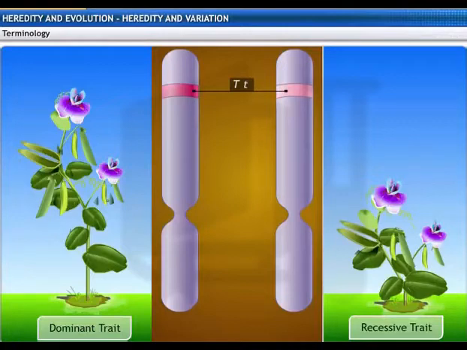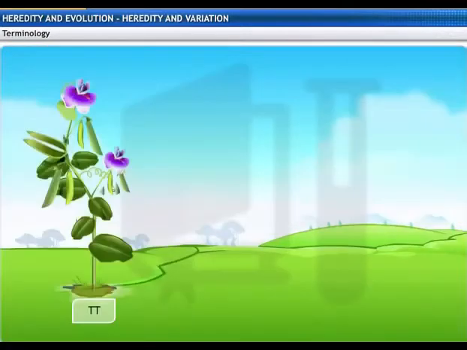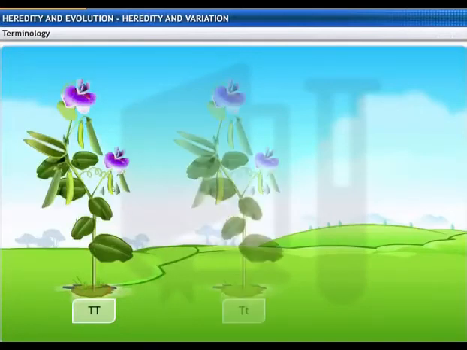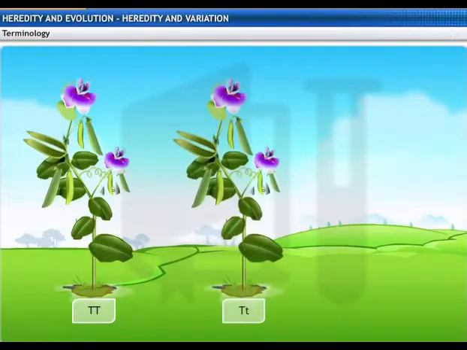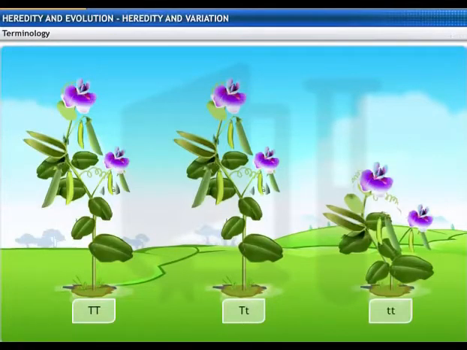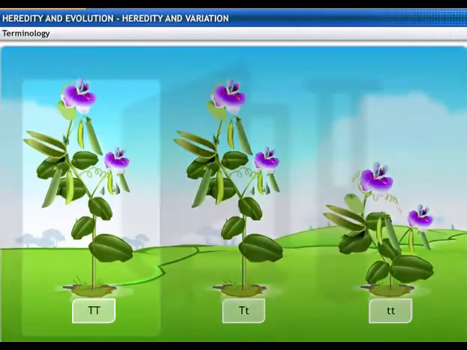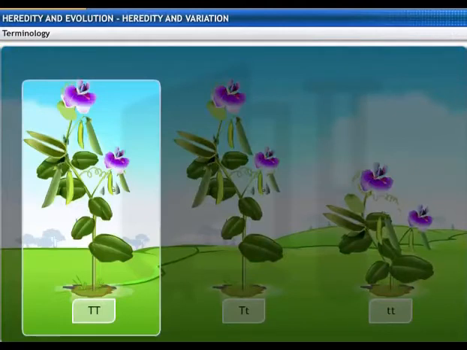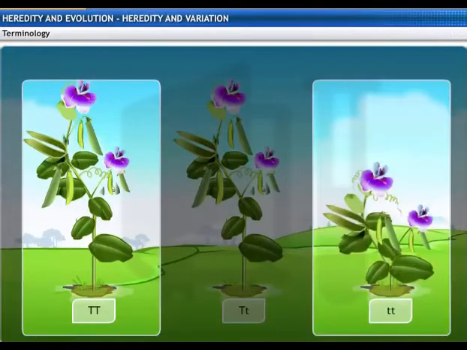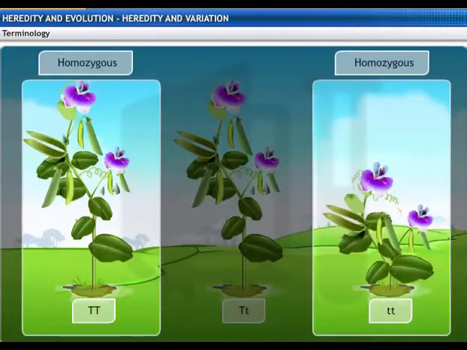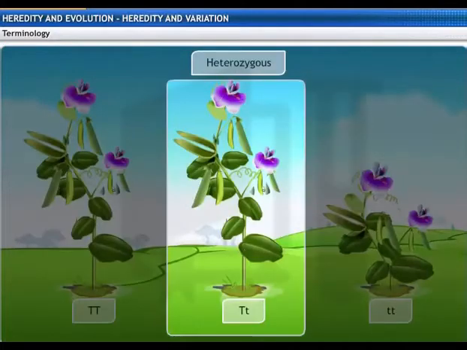These alleles combine to make a genotype such as TT, or Tt, or tt. TT and tt are homozygous, and Tt is referred to as heterozygous.